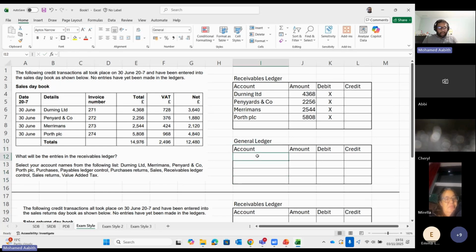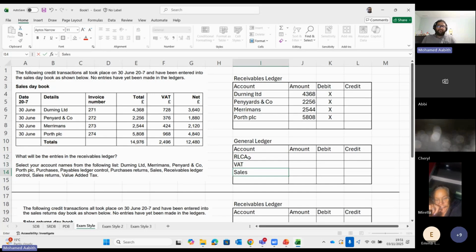So here, I'm going to have RLCA here, VAT account here, and sales account here. But you have to remember, there is not a particular order you have to do it. You can do sales first, and then you do RLCA after that. It's absolutely fine. So you can do RLCA, sales, VAT, absolutely fine. Whichever way you do it, as long as you enter the right number, you will get the full marks for that one.